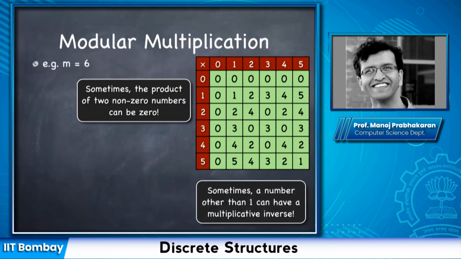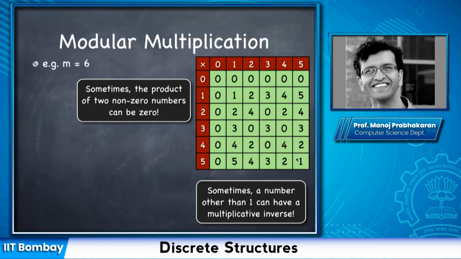Further, look at here, 5 times 5 is 1. That is to say, 5 is the multiplicative inverse of 5. And this never happens in integers, right?